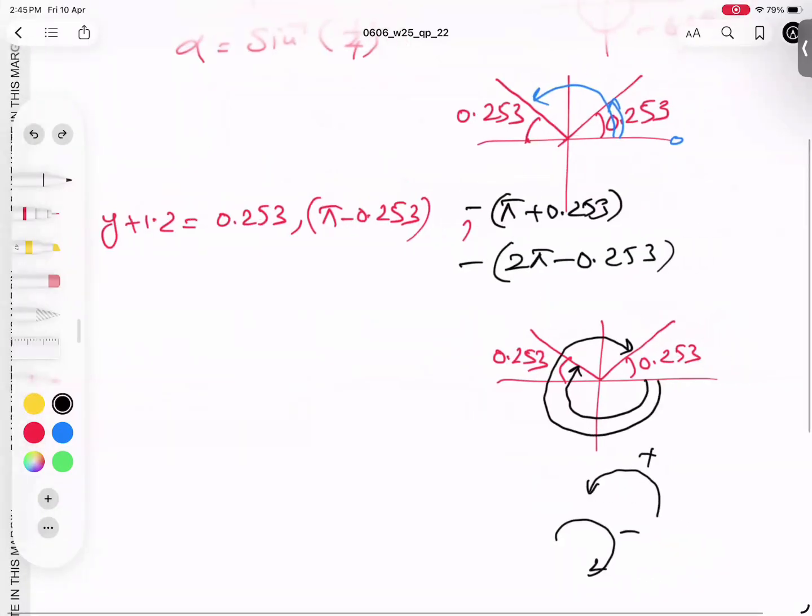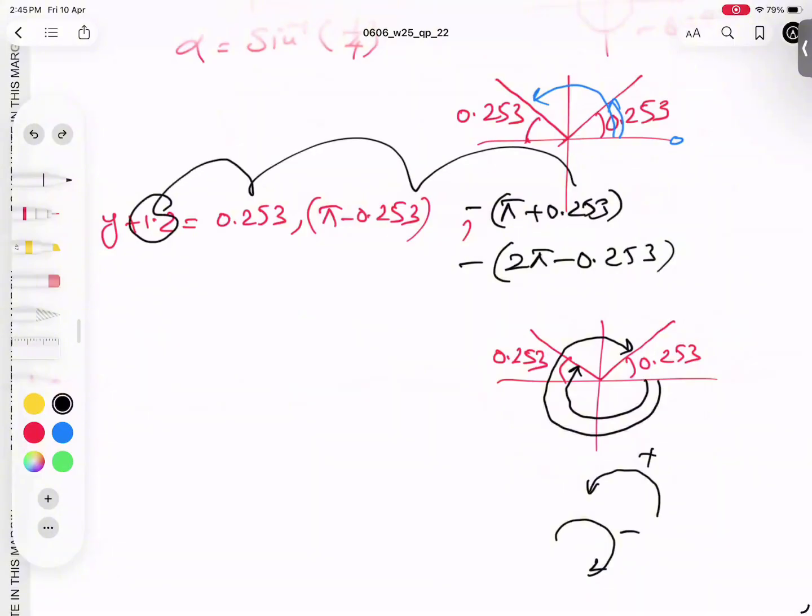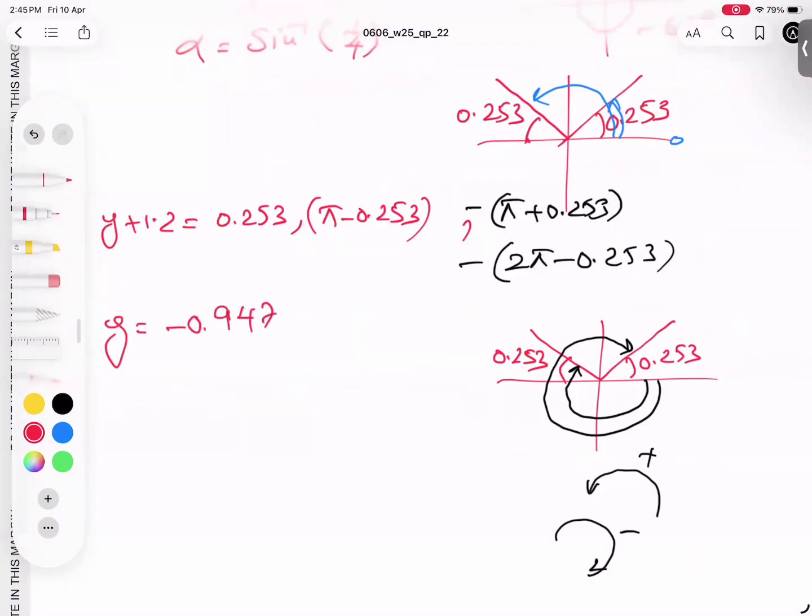Now students, this value 1.2 will be subtracted from all four. So my first answer is negative 0.253 minus 1.2, and when I subtracted, I got negative 0.947. My second answer comes from here.